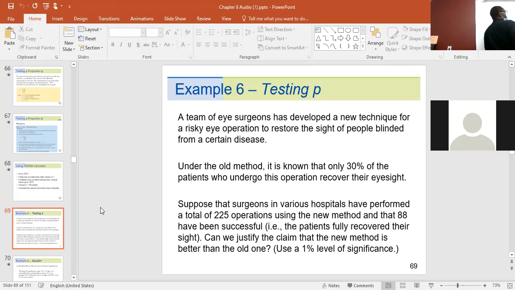So what is the claim here? The new method is better than the old one.